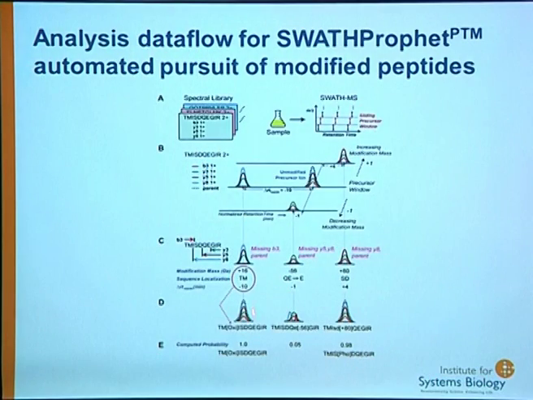So the way the analysis would work is you get your spectral library, you get your sample, you acquire your data, and then of the identified peak groups, you look in the same window as well as different windows for slightly imperfect peak groups, so some that miss these fragment ions, and with a particular shift in retention time.